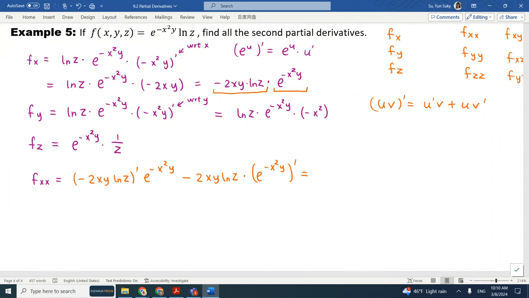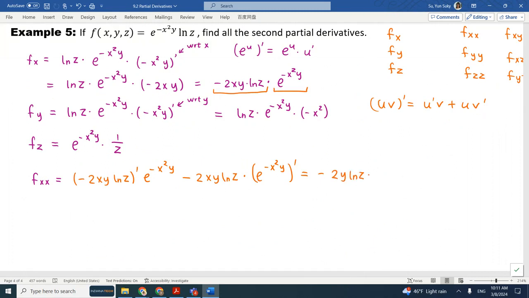Now, continue. What's the derivative with respect to x? You see, all these other letters are like constants. The derivative of x is 1. So this is just negative 2y ln z.